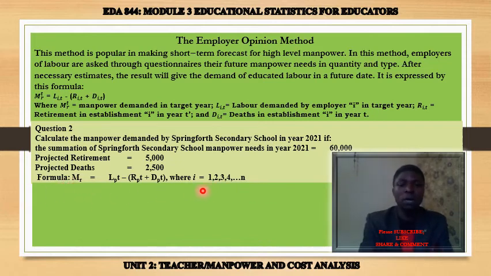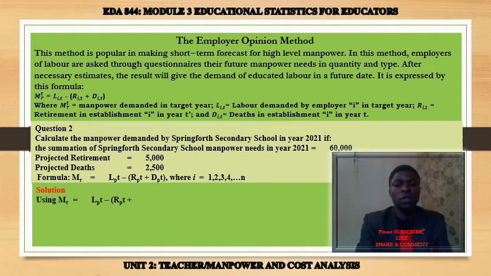In case the formula will not be given, always remember to employ the formula. It's simply the manpower demanded is equal to labor demanded or labor required minus the sum of the retirement and deaths. So that is what we need to calculate the manpower demanded. Solution.